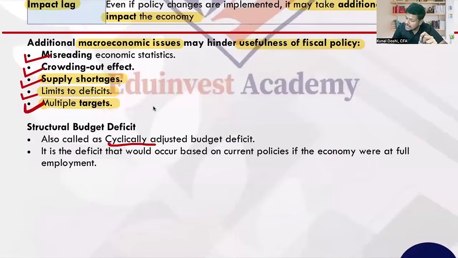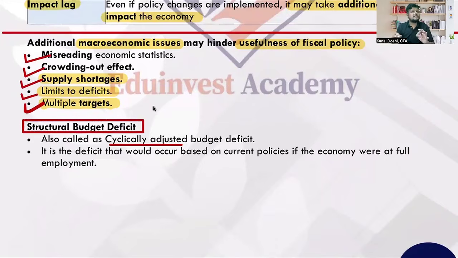And also fiscal deficit keeps on swinging with the business cycle. So instead of looking at fiscal deficit at a particular point of time, some of the economists calculate something called a structural budget deficit or structural fiscal deficit, which is also called cyclically adjusted budget deficit. We know the business cycles, each at different points of the business cycle, there will be a different fiscal deficit.